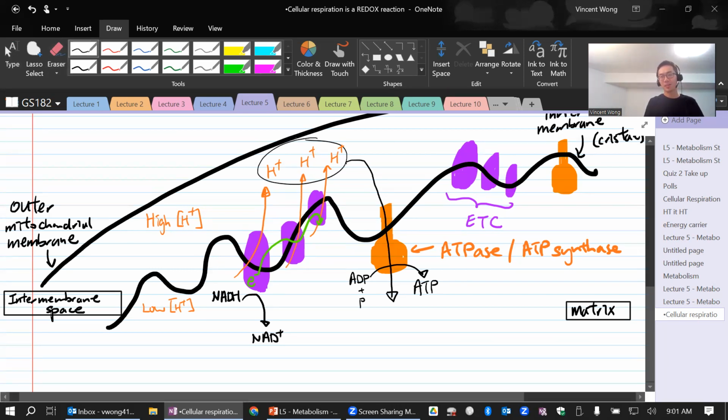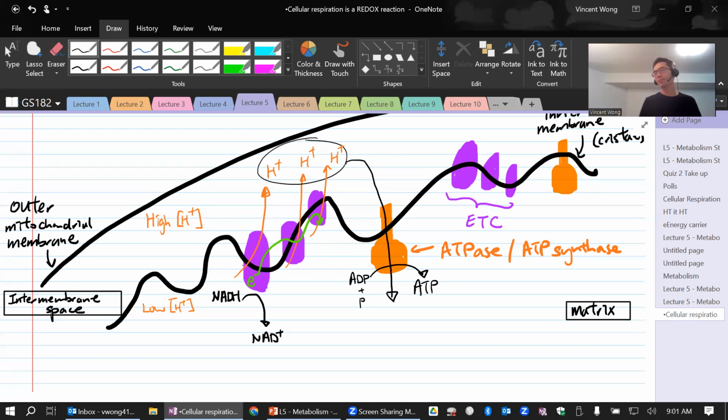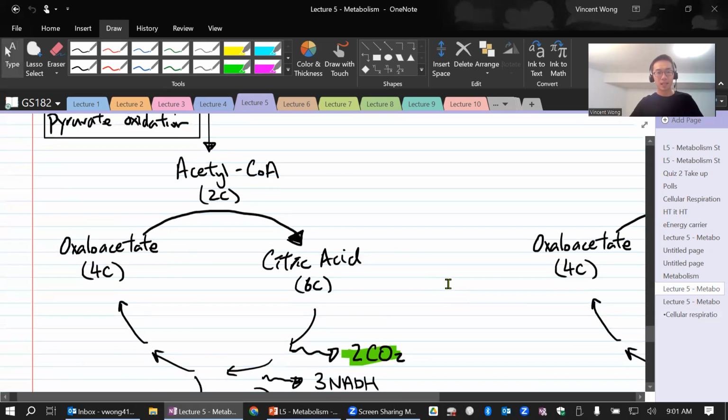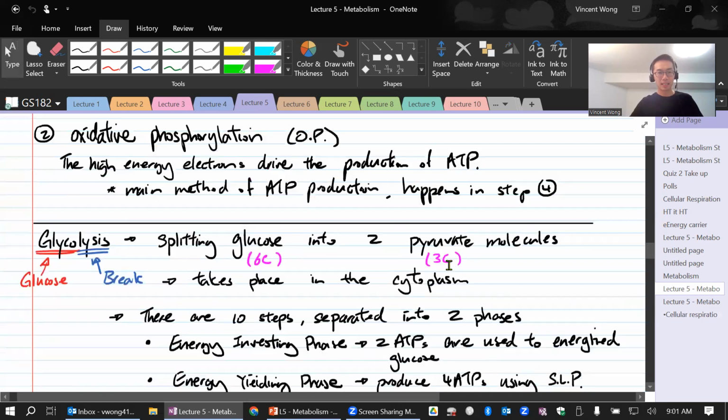The H plus were pumped using electrons that were captured by NADH. How many ATP can NADH produce? You must remember that. No? 3. Okay, 3. If you don't remember, let's go back here.